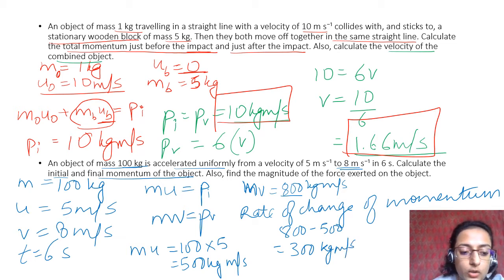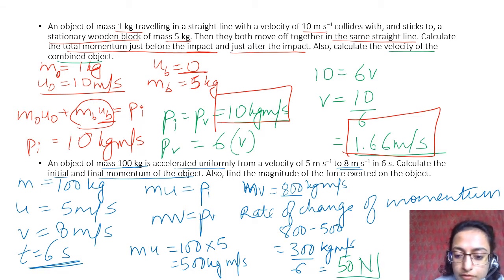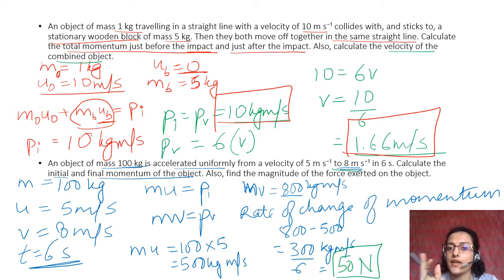And what is the rate? You have to divide it by the time. So divided by 6 is equal to 50 kilogram meter per second square, or you can just write Newton. So 50 Newton is the magnitude of the force applied. Right, and it is positive because the velocity is increasing. It is in the direction of motion.